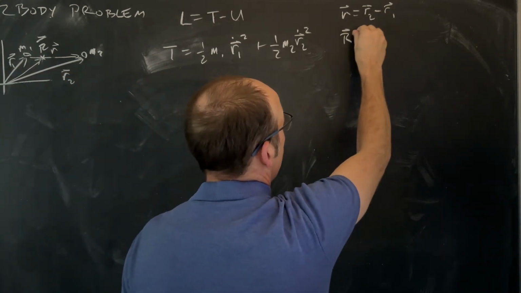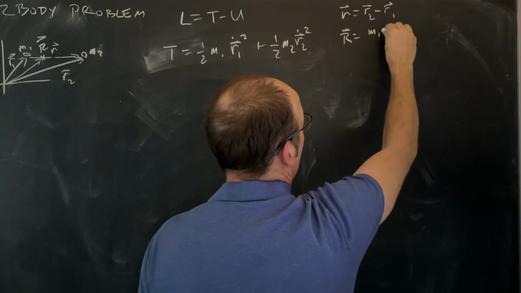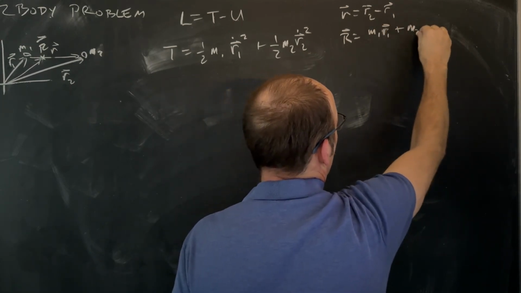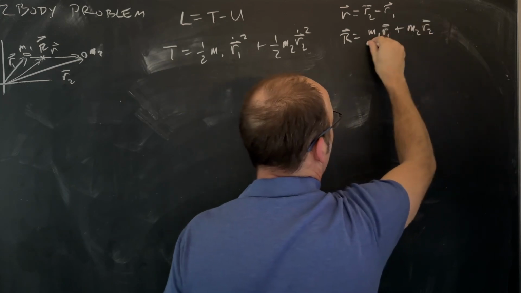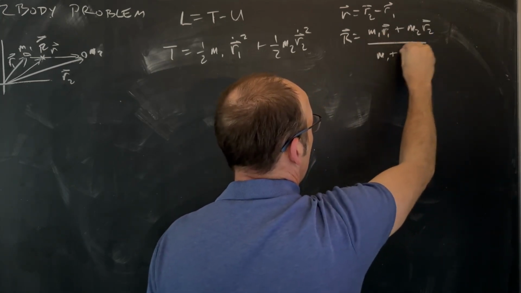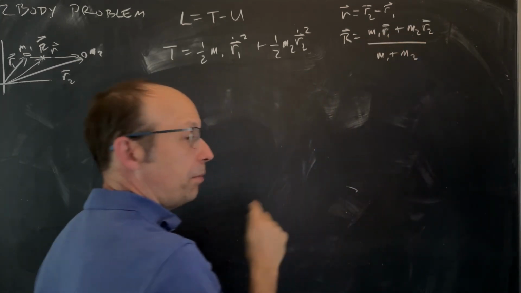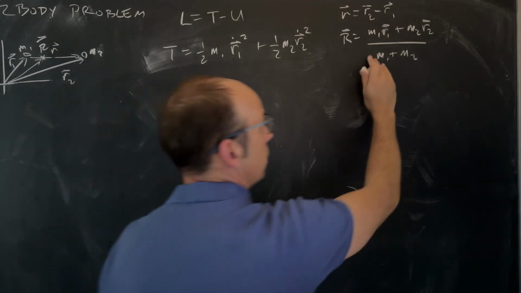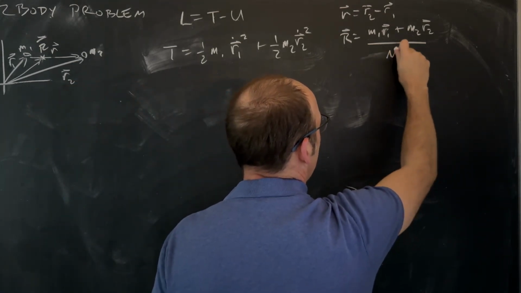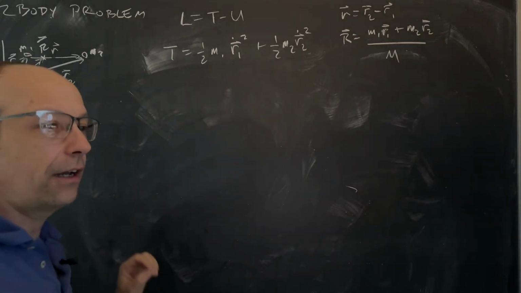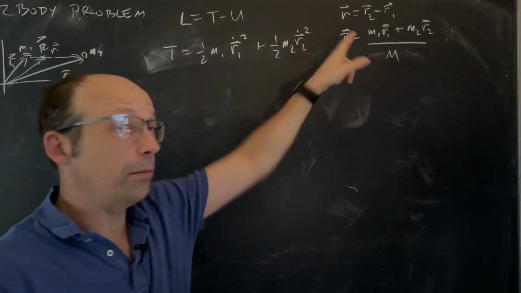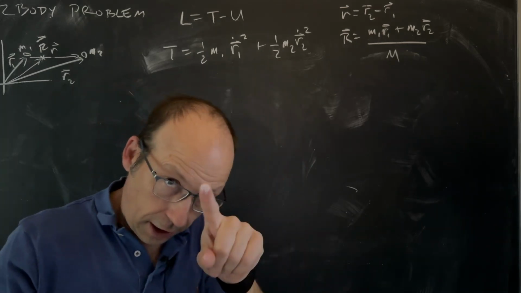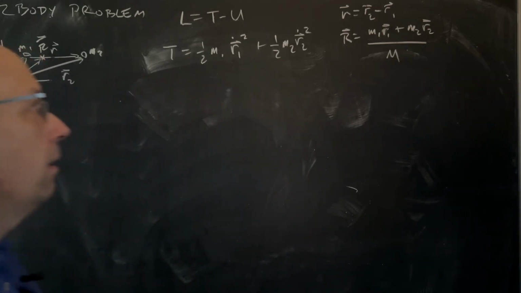R is equal to m1 r1 plus m2 r2, all of that over m1 plus m2. Now that m1 plus m2 comes up all the time, so we're just going to call that m. It's technically capital M, but I'm kind of sloppy. But see, these are our 2 variables, and they both have 3 degrees of freedom. And so you think, well, that's not really going to help. It's going to help, trust me. You know it is. Okay.